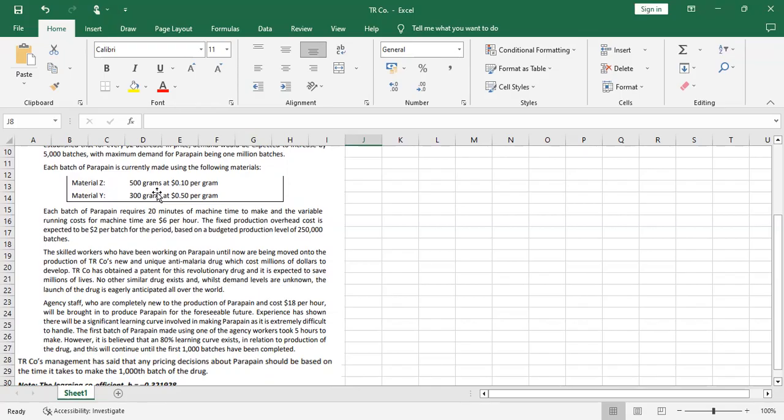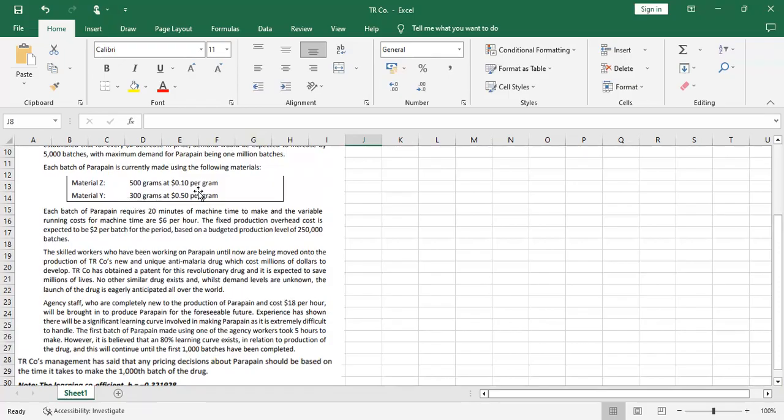Similarly, at times the examiner will provide you the number of minutes needed to produce one unit, but rather than providing a per minute labor rate, he will provide you a per hour labor rate. So you need to convert your minutes into labor hours. Similarly, if any information is provided in centimeters, you need to convert it into meters. So remember this thing: you need to equate the measurement unit of your consumption and the measurement unit of your cost.